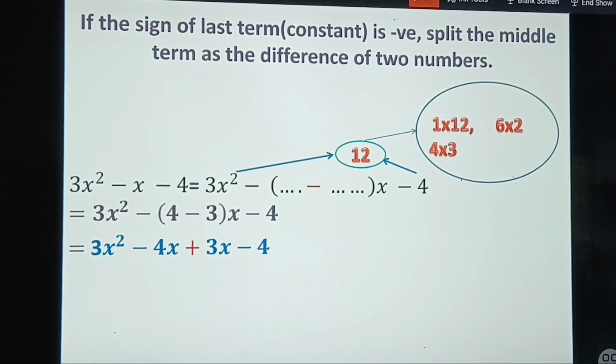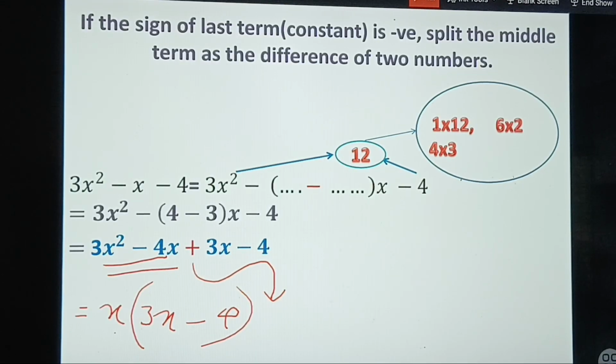Then take common from the first two. What is common? 3 and 4 are consecutive numbers, there is nothing common. x square and x, x is common. Then within the bracket 3x is there, minus 4 is there. And what is the next sign?